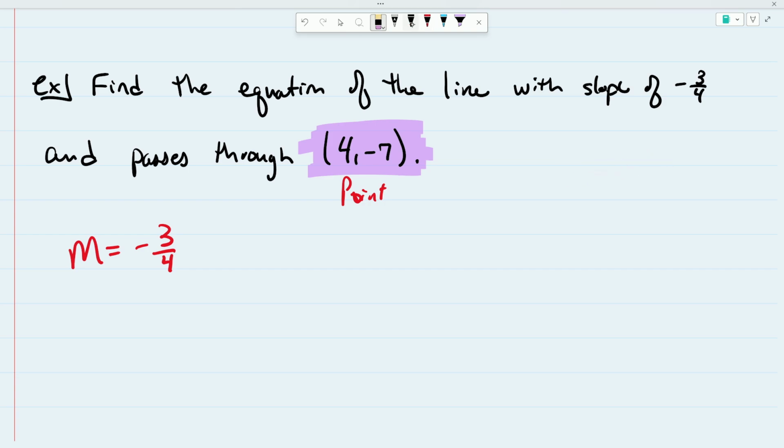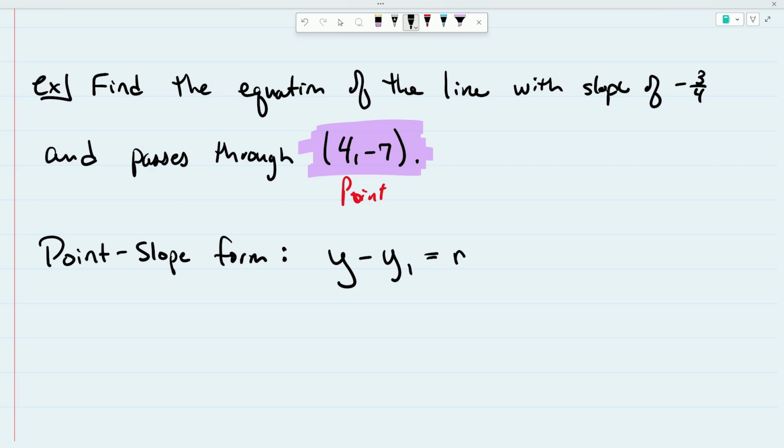So this is the other equation. And many of you might remember this. The other form is called point slope form. And that looks like this. y minus y1 equals m times the quantity x minus x1.